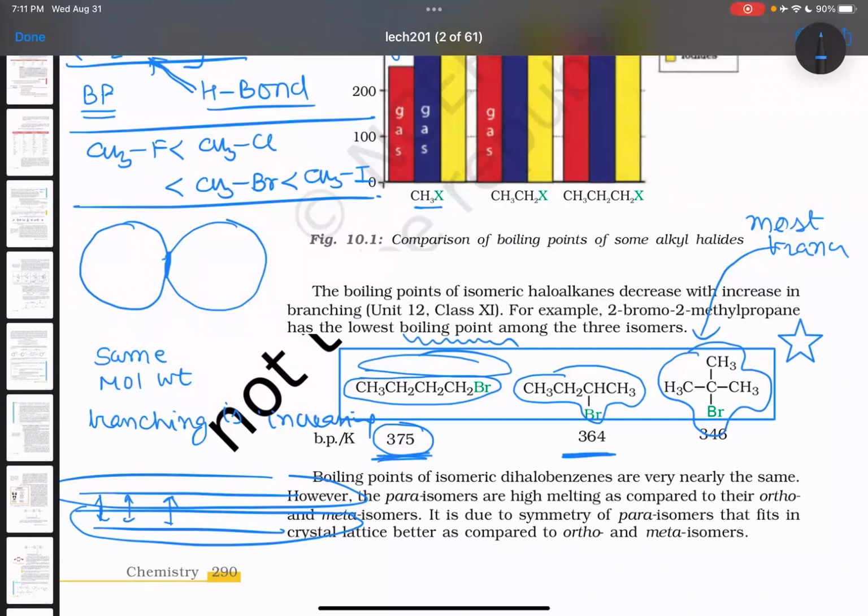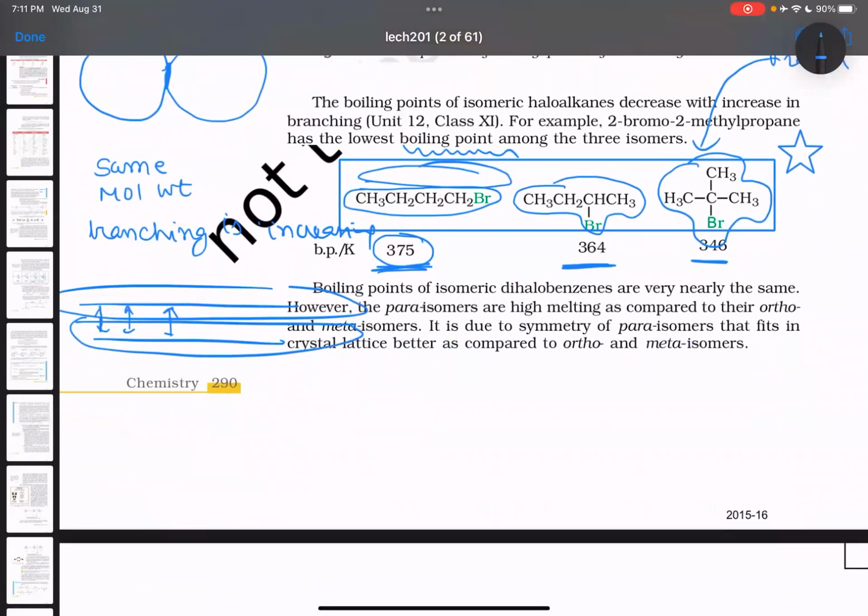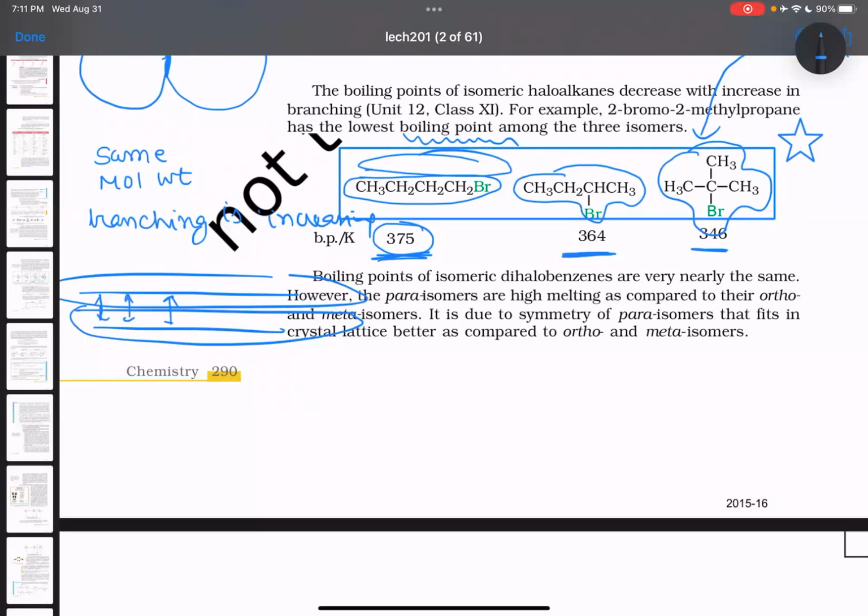But you need to think of this contact area only if you have same carbon and same halogen, right? So this is only valid for isomers. Correct. Same formula but different branching, different structures.